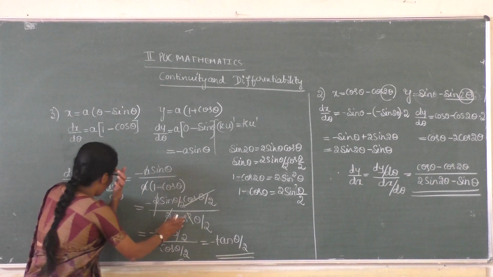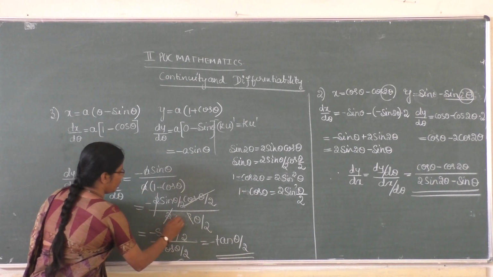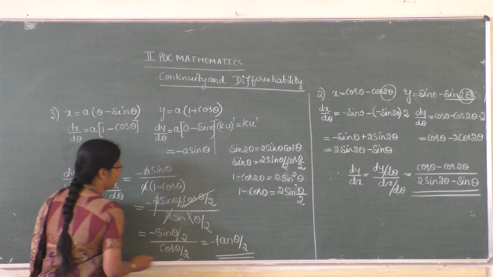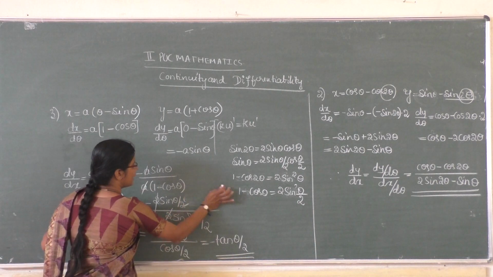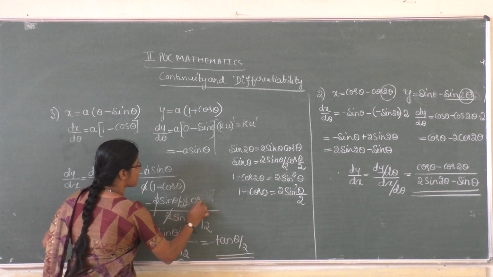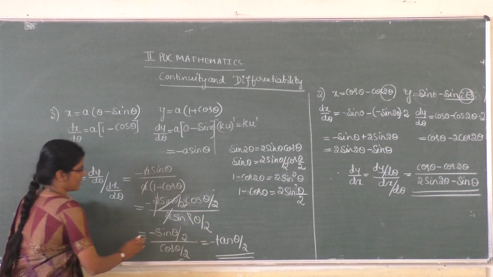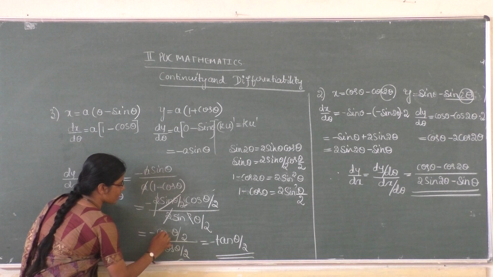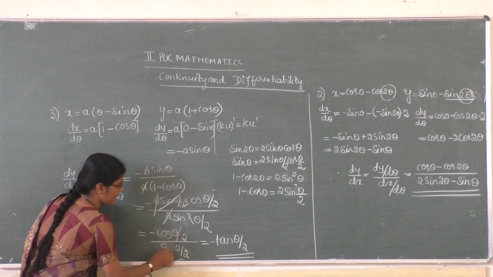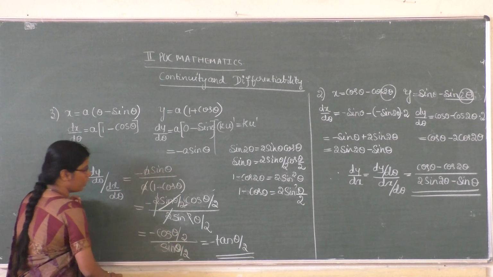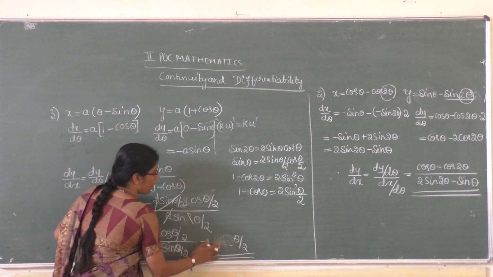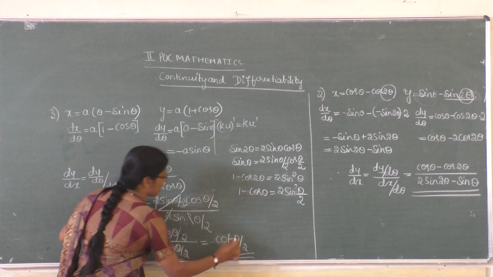So here we have 2 sin square theta by 2. So cos theta by 2 remains as it is, and here sin theta by 2 cancels. So here we get cos theta by 2 divided by sin theta by 2. Therefore we get here minus cot theta by 2.